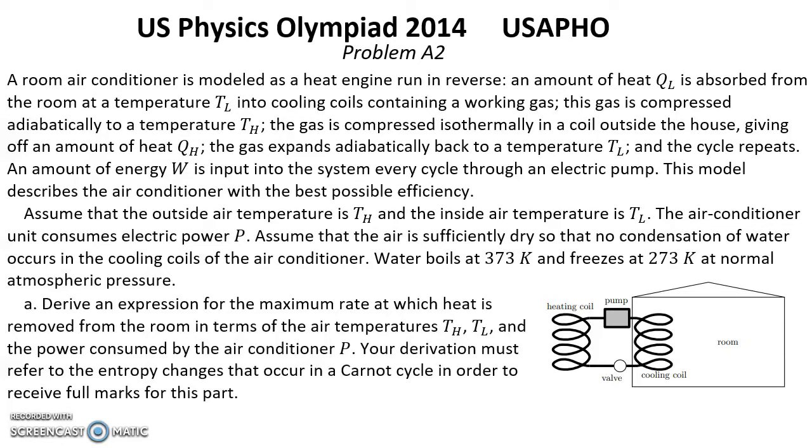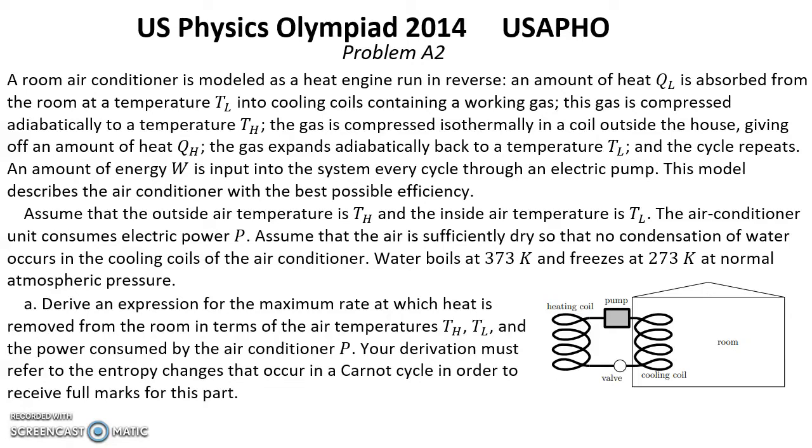This model describes the air conditioner with the best possible efficiency. Assume that the outside air temperature is TH and the inside air temperature is TL.